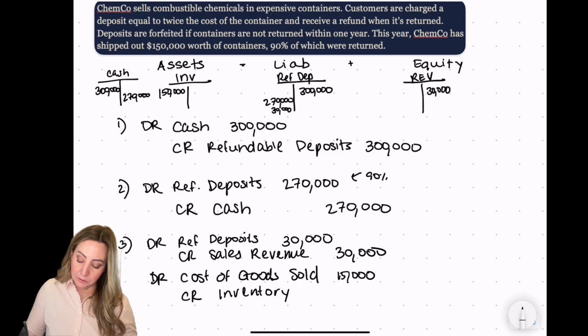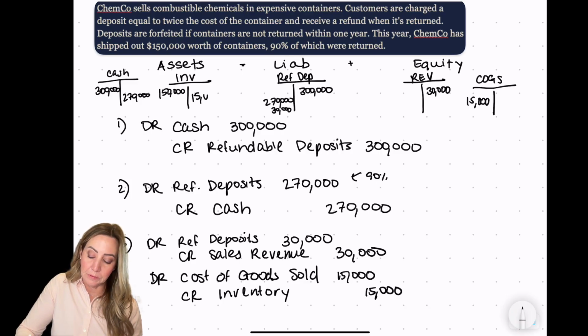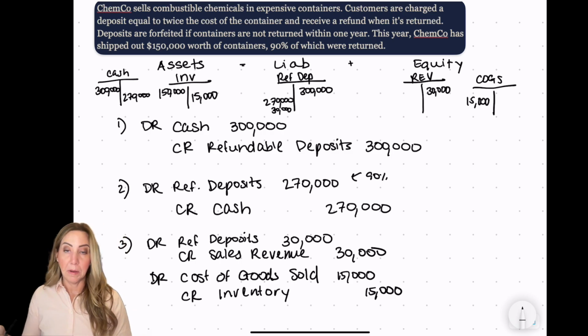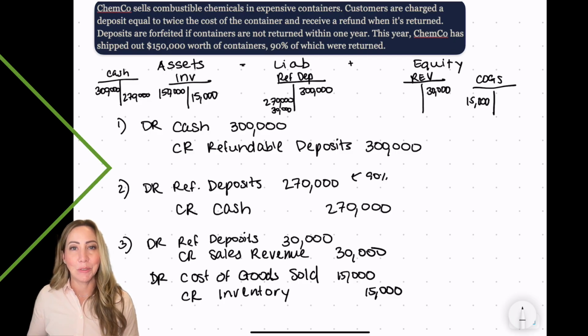We never got these containers back. We no longer have them. They become a cost of the revenue that we made. So I'll have cost of goods sold over here in the amount of $15,000. And we will decrease the asset inventory account by $15,000. So we still have some containers on hand, and we have recorded the income as well as all of the costs related to these containers.